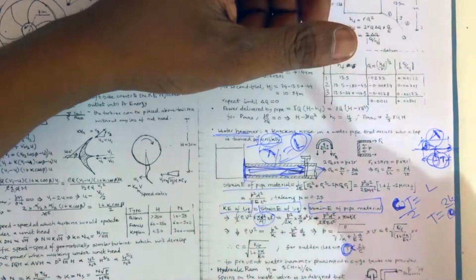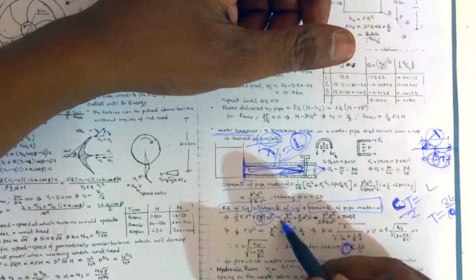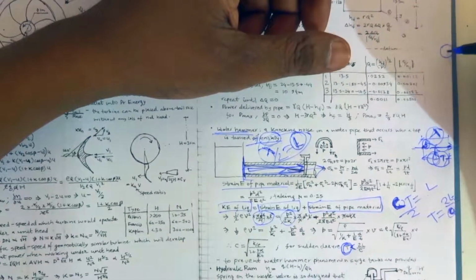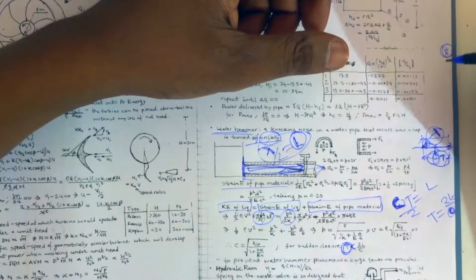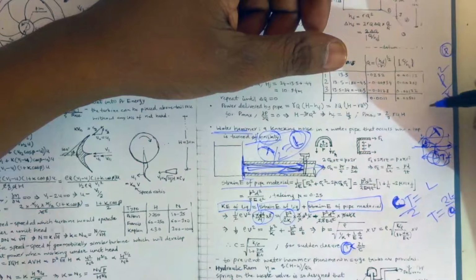If the pressure is p, then p square over 2k is the energy.